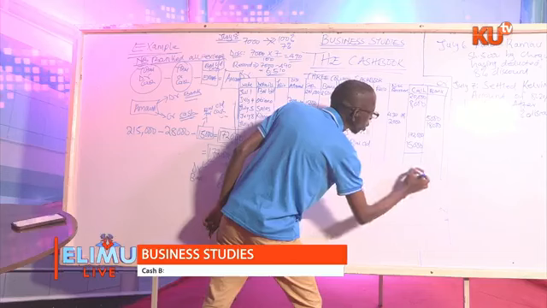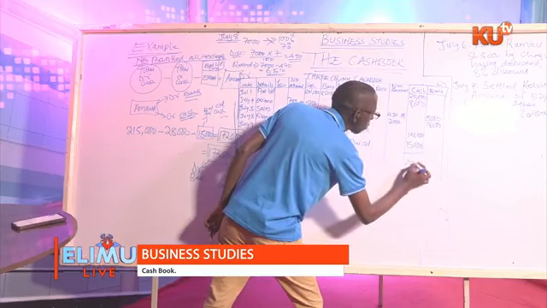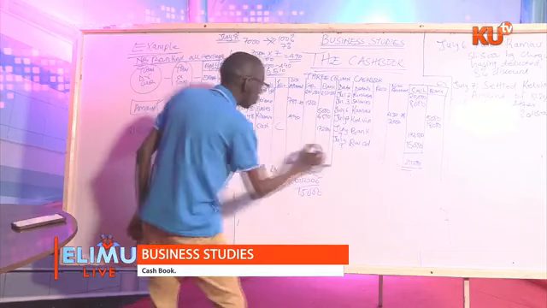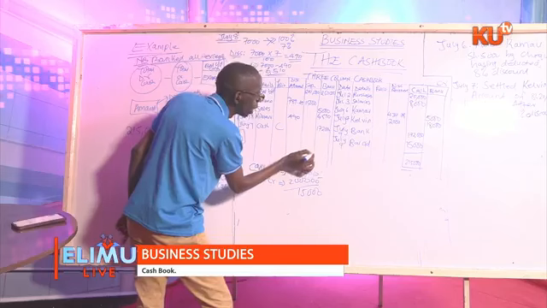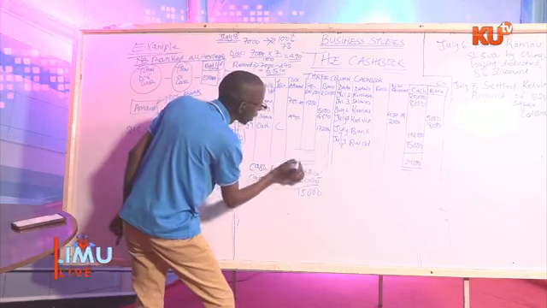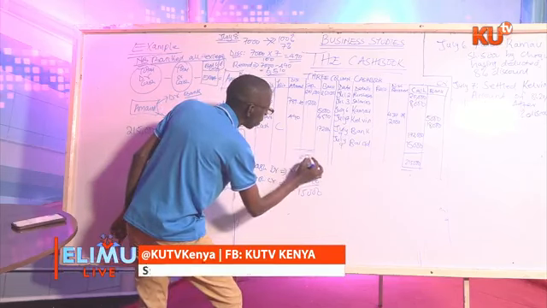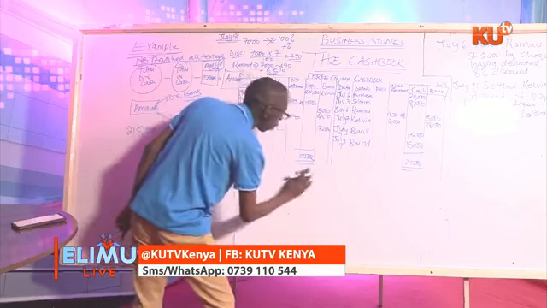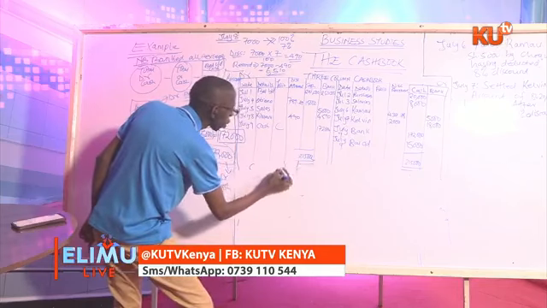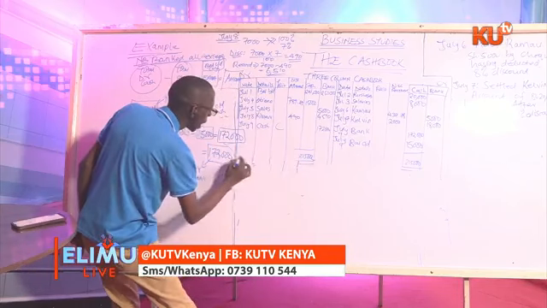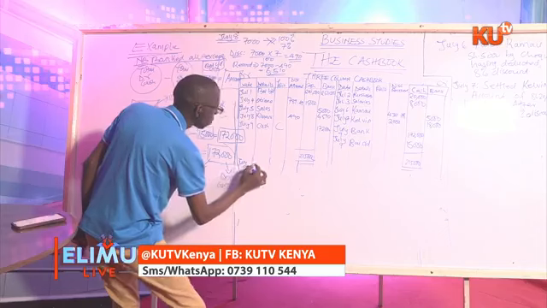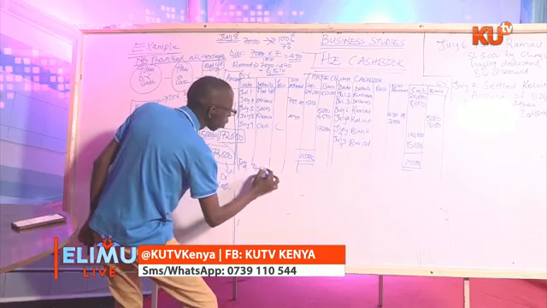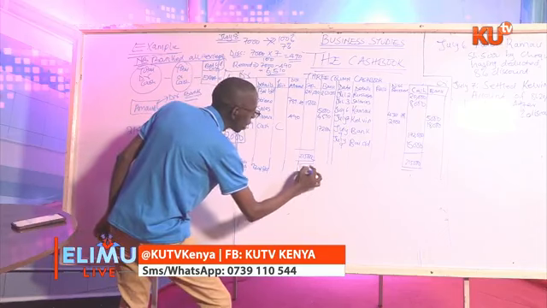Then the totals for both sides will be 215,000. Below the total, on the same July 9, you'll have balance brought down, which is 15,000.